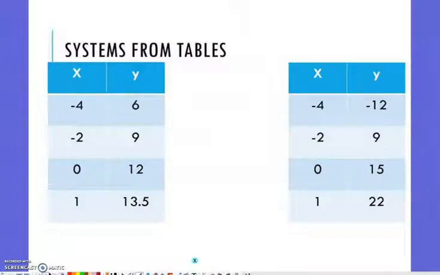What about if you have tables? Just go ahead and pause and write these down real quick. So if you have tables, well, the solution is where the 2 lines cross, right? But if you have a table, you can't really see where the lines are crossing. So it's where it has the same point. That's where those lines cross, because if they both have the same point, they cross there.